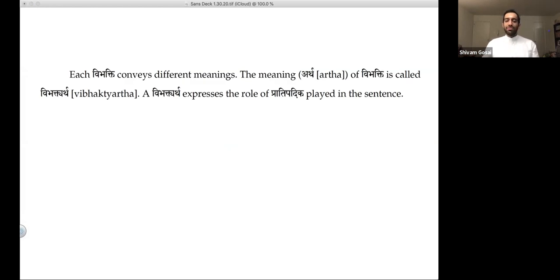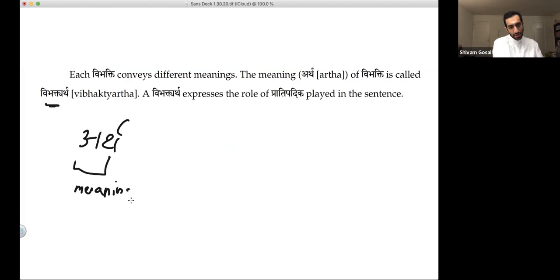Now, each vibhakti has a different meaning attached to it. Another word for meaning is artha. So we need to talk about what is the meaning of the vibhakti. What is the artha? Artha means meaning of vibhakti, because different vibhaktis have different meanings.